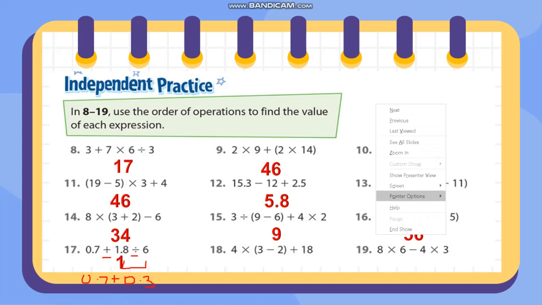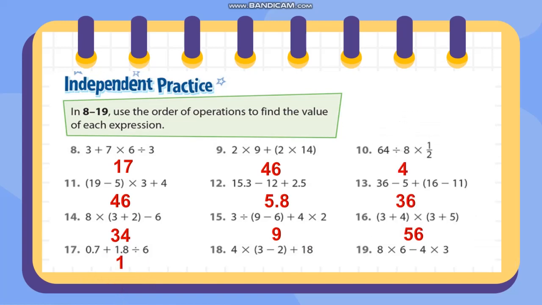Next, number 18. We have 4 multiplied by the parentheses 3 minus 2, plus 18. We solve first what is inside the parentheses, which is 3 minus 2. So 3 minus 2 is equivalent to 1. Then 4 multiplied by 1 plus 18.